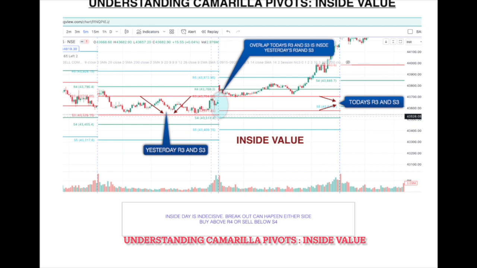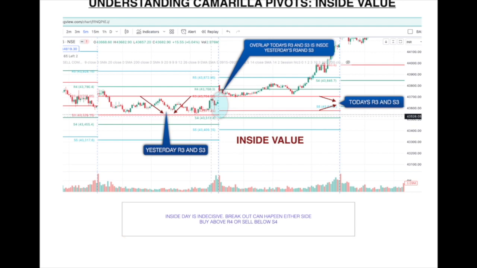If the market opens above R4, see, this inside value relationship works both ways. It means suppose the market opens above R4 in the inside value relationship, it is going to be a bullish day for sure. So any pullback to R3 and breakout above R4, you don't have to wait for the high of the day.